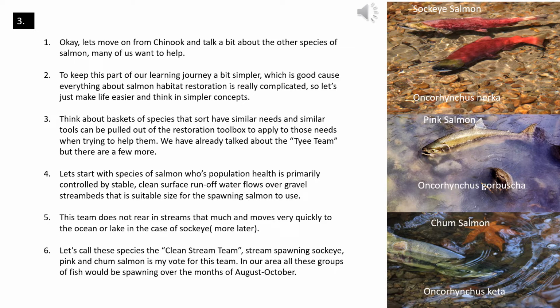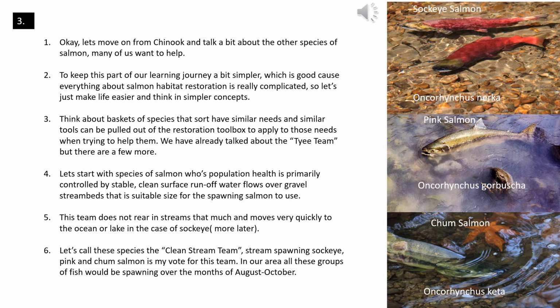And the concept I want to use today is the idea of baskets of species that have similar needs and similar tools, which can be pulled out of the restoration toolbox to address these needs and try to help them. Now, we've already talked about the Tyee team, but there are a few more.